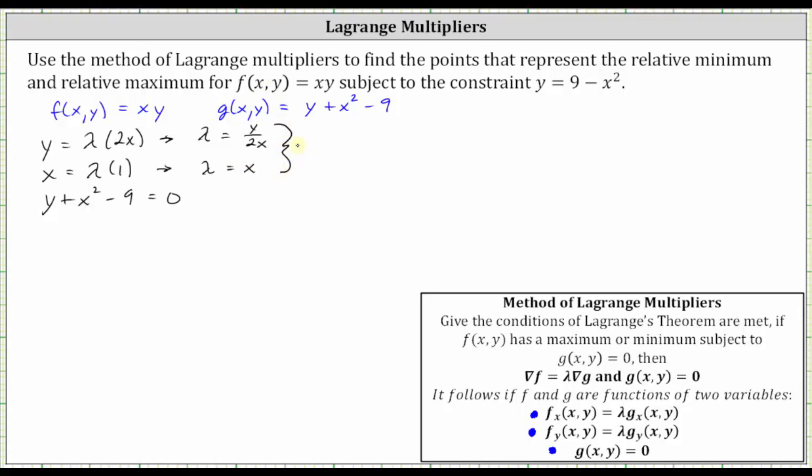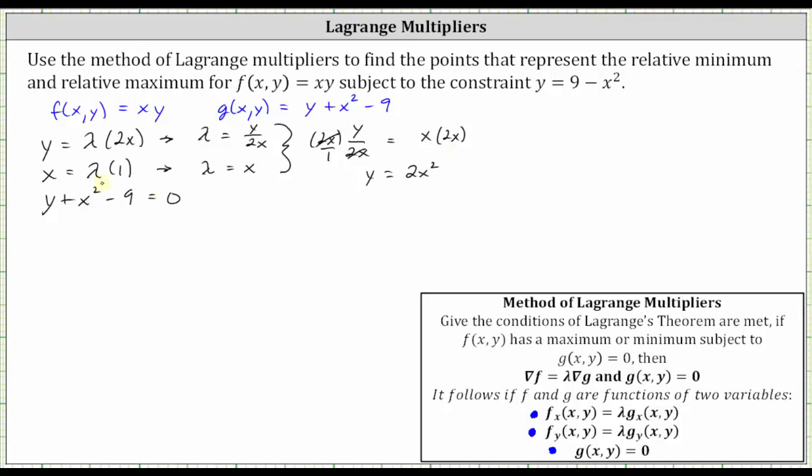Again, if lambda equals y divided by 2x, and lambda is also equal to x, we can say y divided by 2x is equal to x. And now let's solve this equation for y by multiplying both sides by 2x. Simplifying, we have y equals 2x squared.